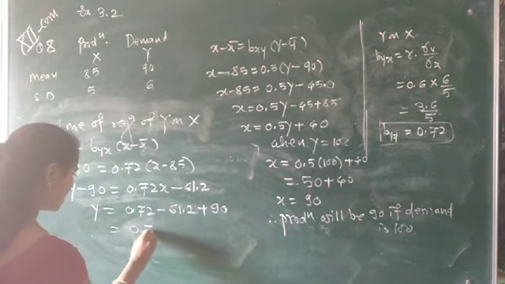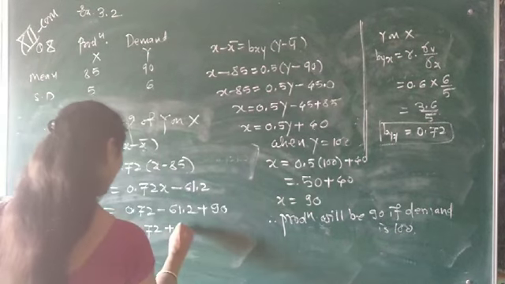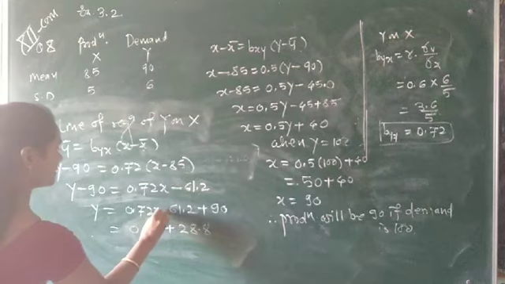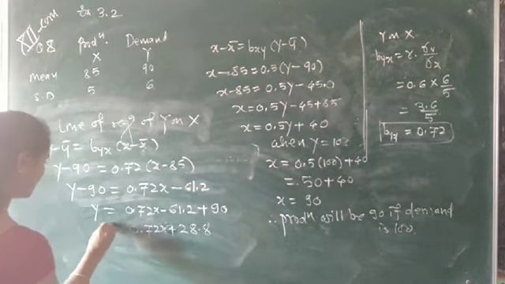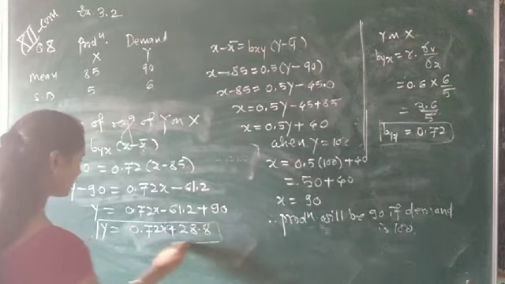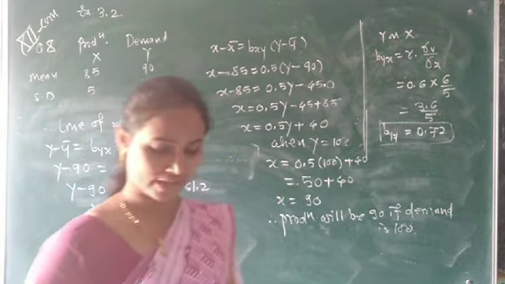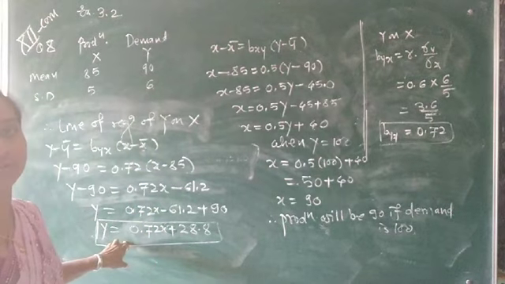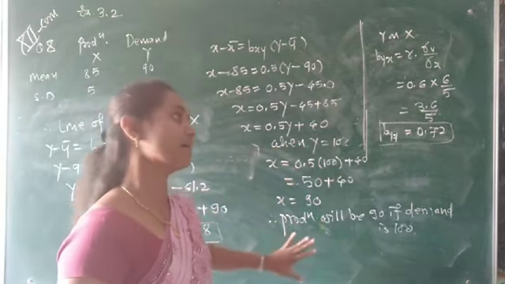The sign of 90 is positive, hence 0.72x plus 28.8. Therefore this is the line of regression of y on x, but here we have to estimate x when the demand is 100.